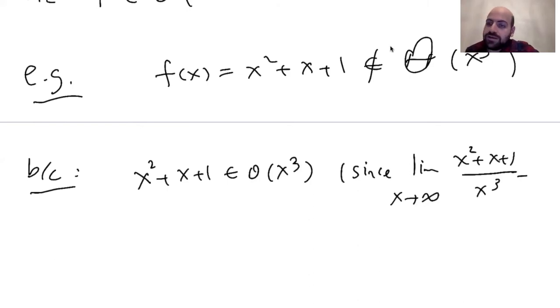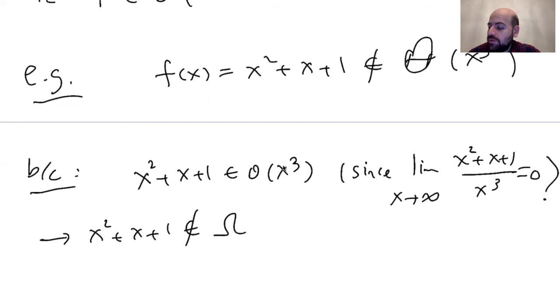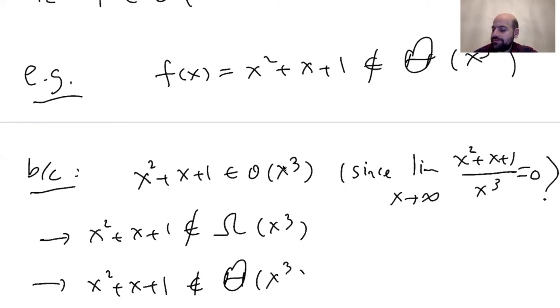So the limit of this fraction is 0. So this means this belongs to small o of x cubed, and that means this does not belong to capital omega of x cubed, and this means x squared plus x plus 1 does not belong to capital theta of x cubed.